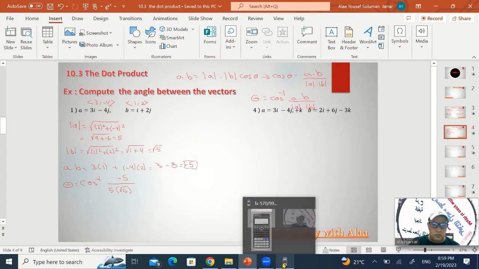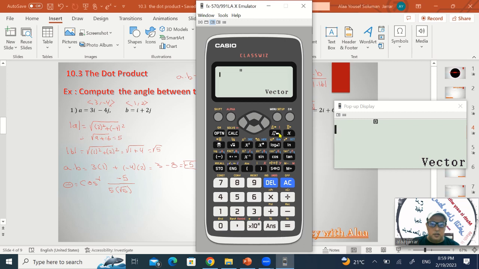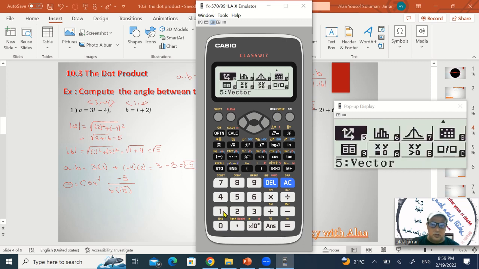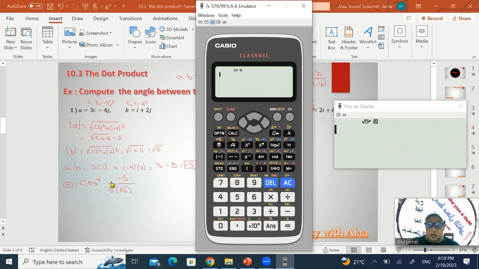What we will do here, this is our calculator. Menu 1. Okay. Shift cosine, fraction, negative 5 over 5 times radical 5.